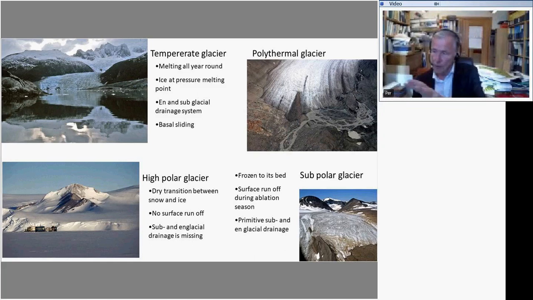Then, as most glaciers are something in between these, we also have another word, which is actually the most common one, polythermal. It means that they have ingredients of both temperate glaciers and subpolar glaciers.